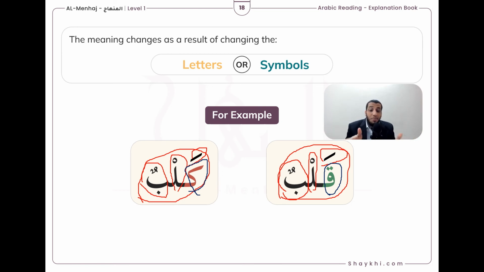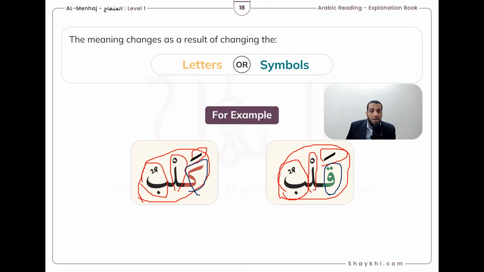And this is also an important point: these two letters are not different letters that don't share any qualities. No, they share the same qualities. They are similar letters, with nearly the same point of articulation, but the difference is just heaviness and lightness.